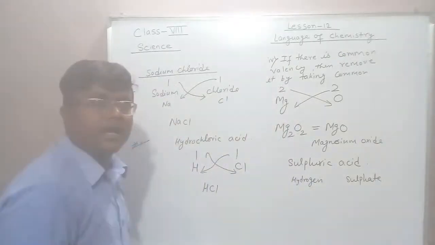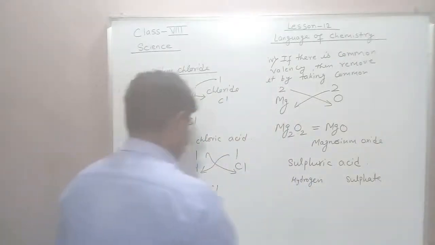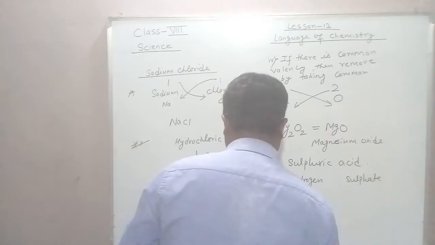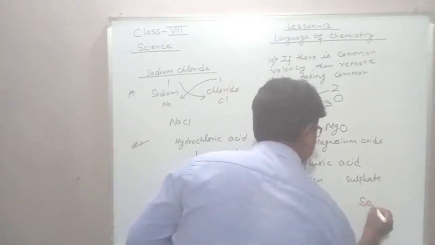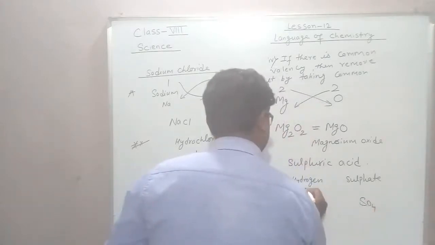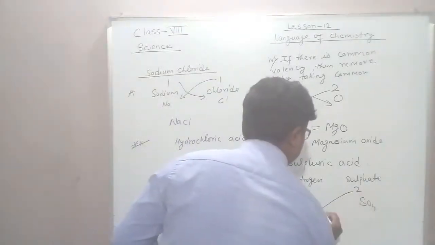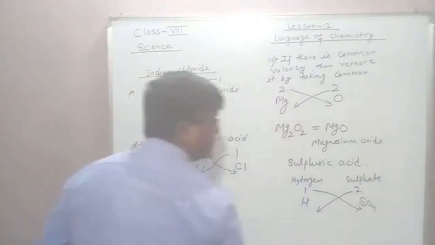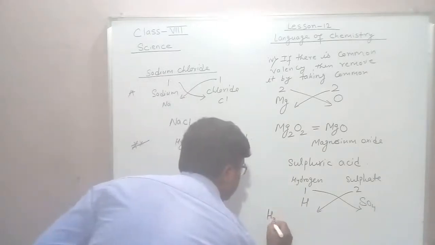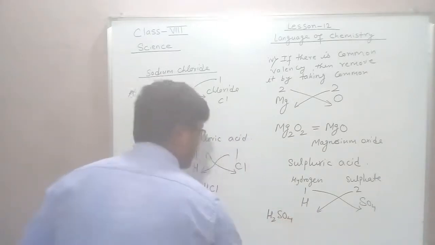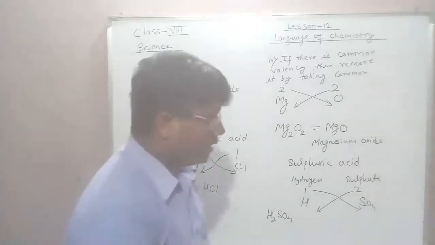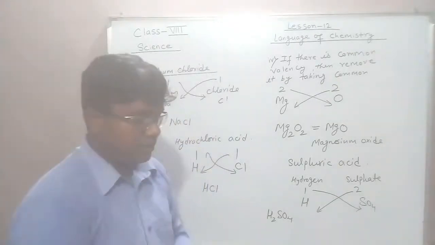For hydrogen the symbol is H, and for sulfate it is SO4. Hydrogen's valency is 1, and sulfate's valency is 2. So just interchange it. You will get H2SO4. So these are some of the molecular formulas.